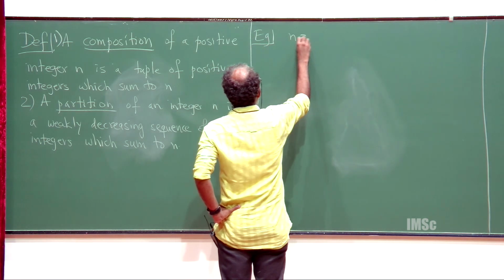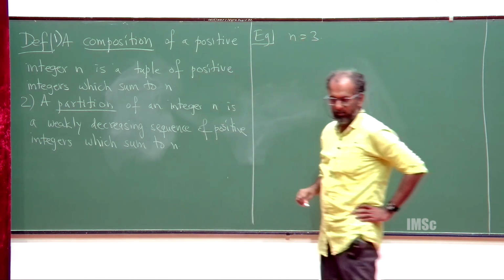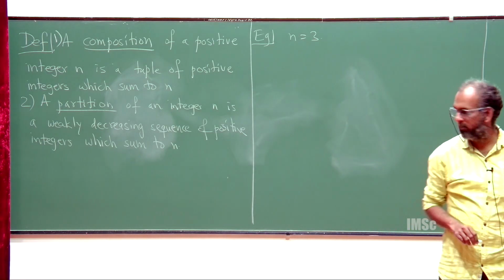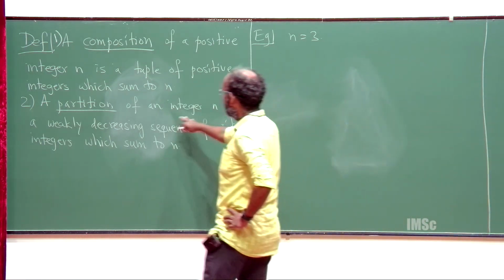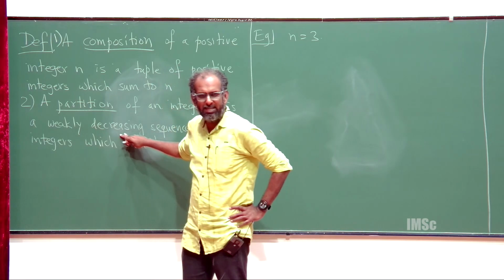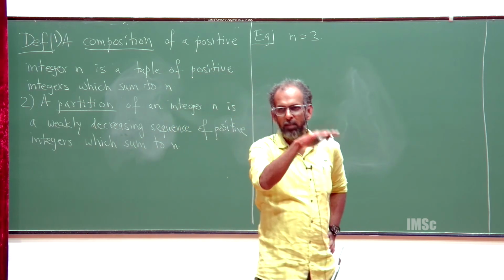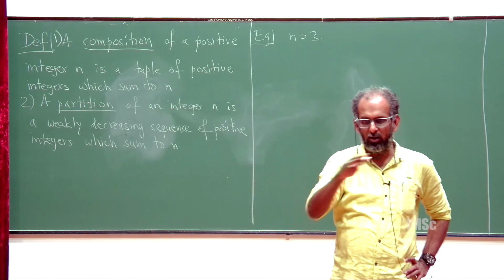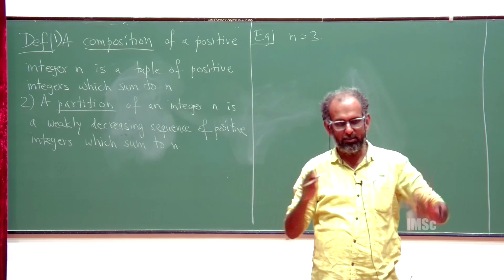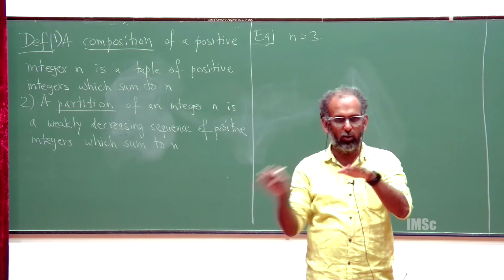So let's take n equals 3. Okay, that's easy enough. Is everything clear in this? Does everybody understand what weakly decreasing means? Weakly decreasing might mean strictly decreasing or weakly decreasing, but just to be clear, we allow equality.